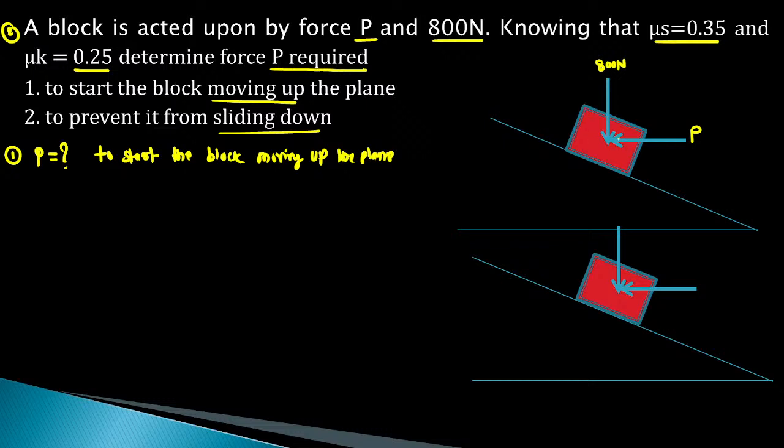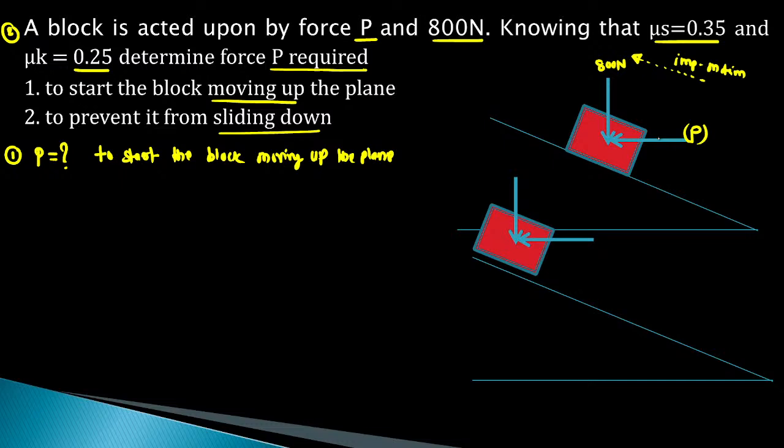So, we have to find out the force P when this block will have the tendency to slide up the plane. So, in that case the impending motion will be like this. So, this is your impending motion. You can see the complete motion in the animation. Okay, so, here block is sliding up the plane.